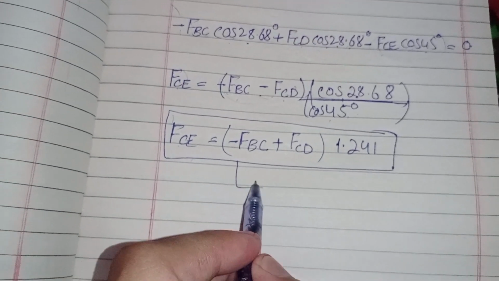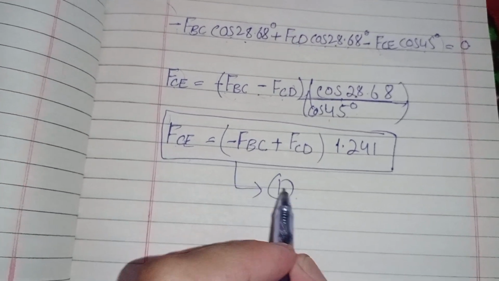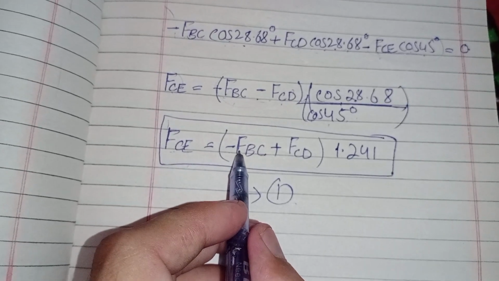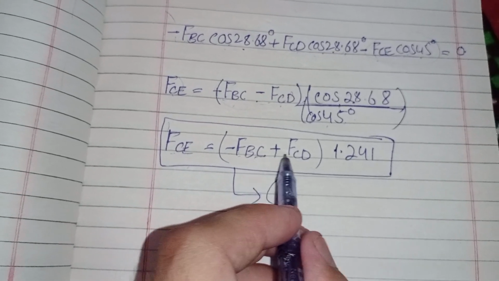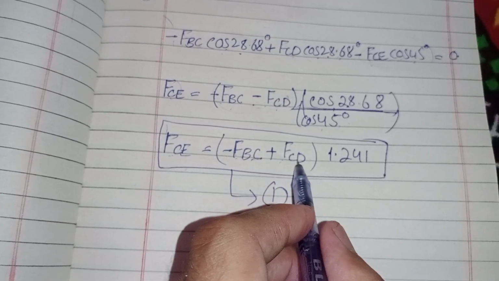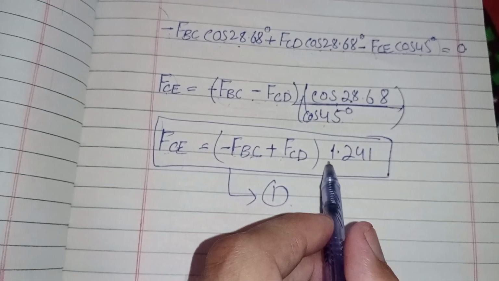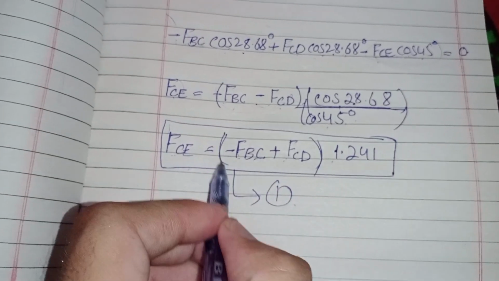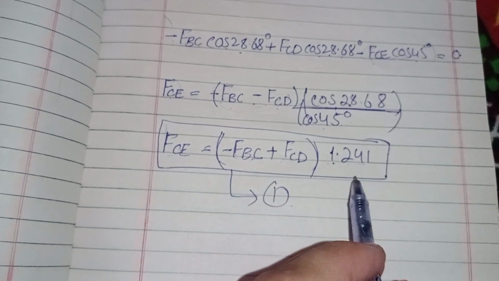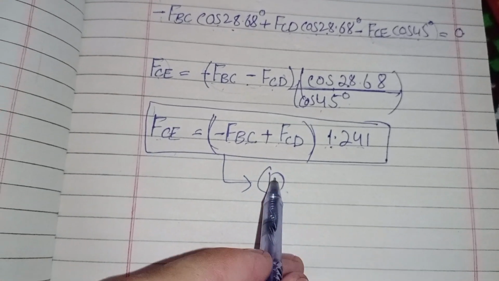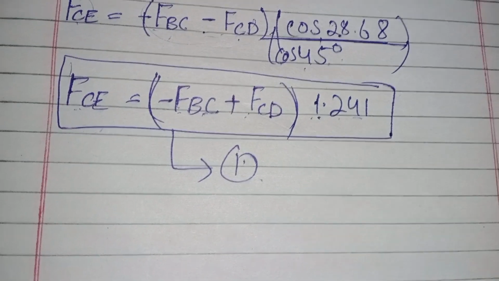The equation will be FCE equal to negative of FBC plus FCD, the force in member CD, into the whole into 1.241. Let's say this is equation 1.